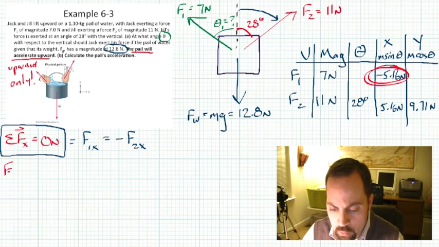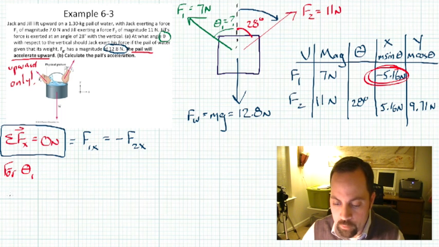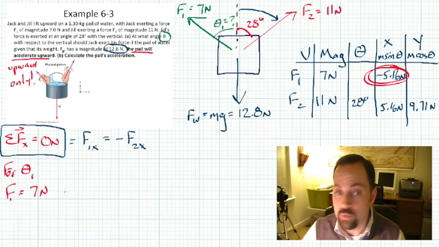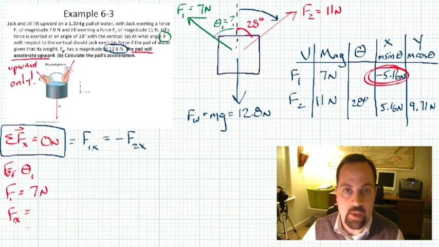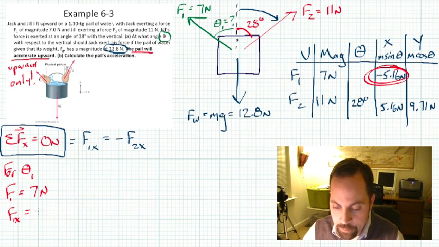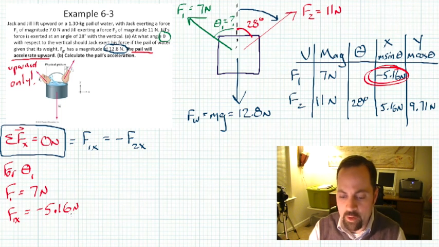So for theta 1, it's a 1 right there. We know force 1 is 7 newtons. We know force 1 in the x direction is negative 5.16 newtons. Now that negative won't really matter in just a second.